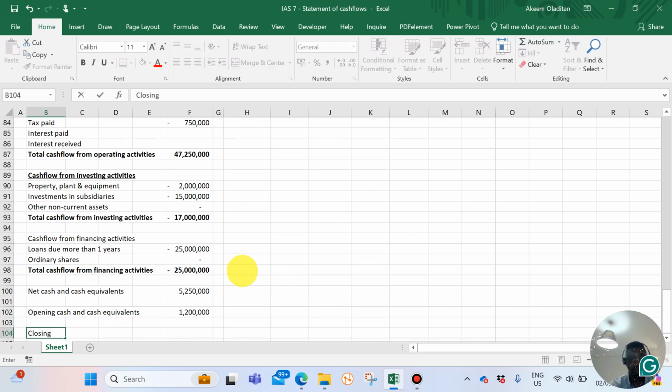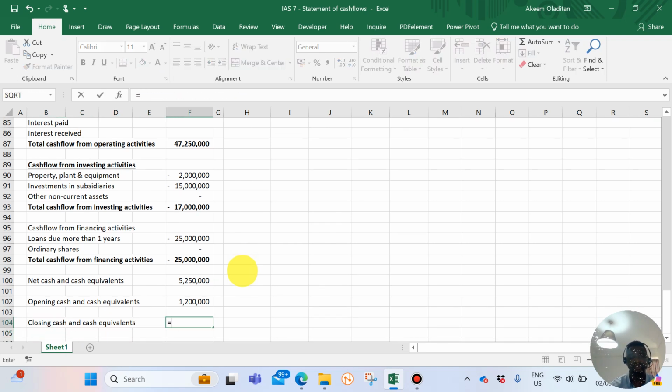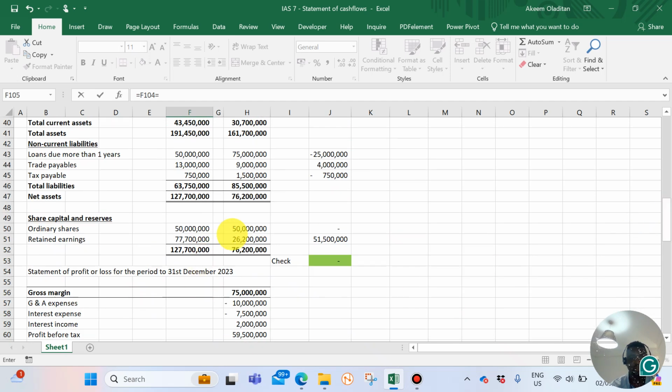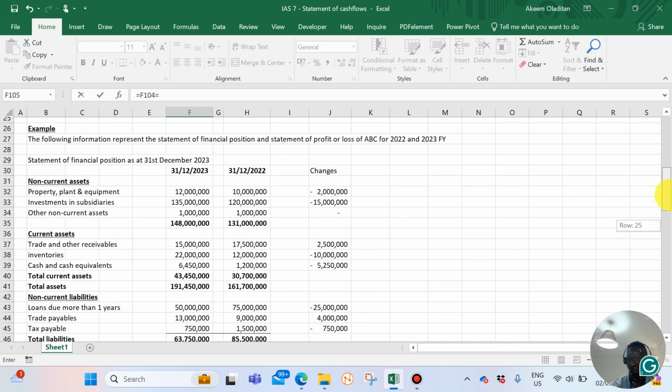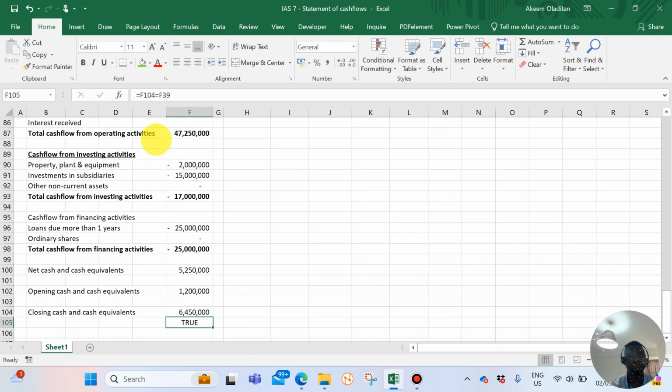Closing cash and cash equivalents. If you sum it together, it should equal what our cash is. So our check is still correct, but we have not completed it. If you check it with the statement of financial position, can you see it's true? So it's correct. So let's move on.